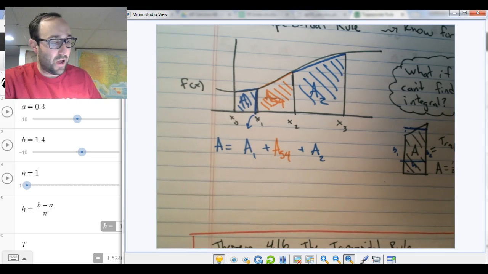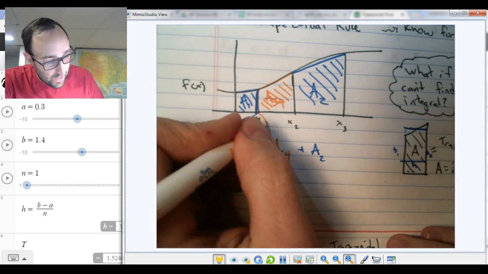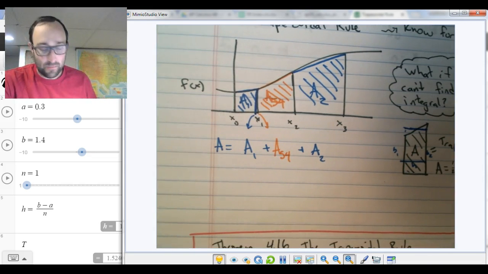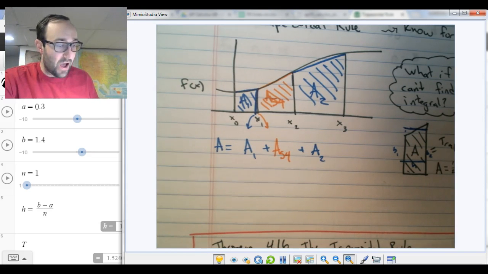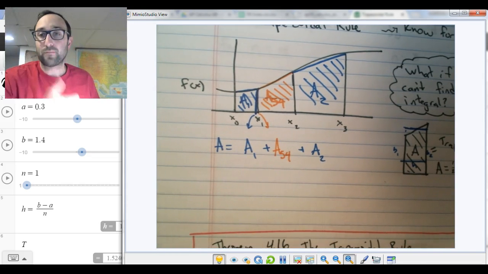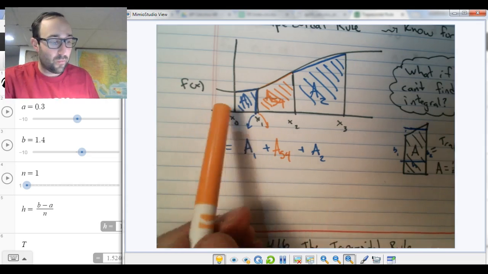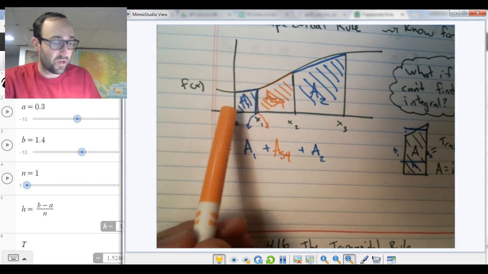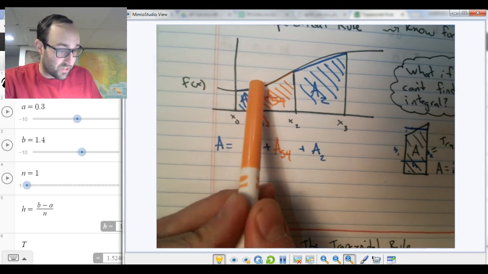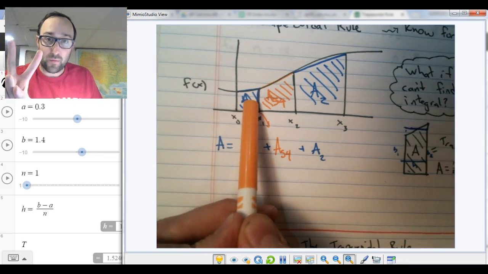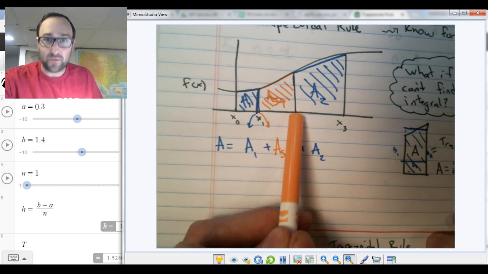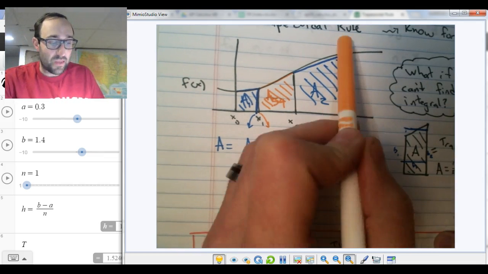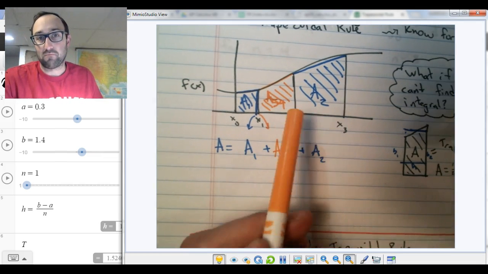And then on area 54, I use this one as one of my heights. So in fact, I have to use that twice. Why don't I have to use the first one twice? Because it's only part of one trapezoid. This one is the middle of 2 trapezoids. That's why we have 2. This one's in the middle of 2 trapezoids. That's why we have 2. This one's at the end, so it only has 1.